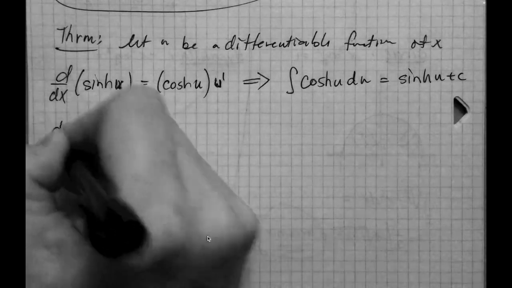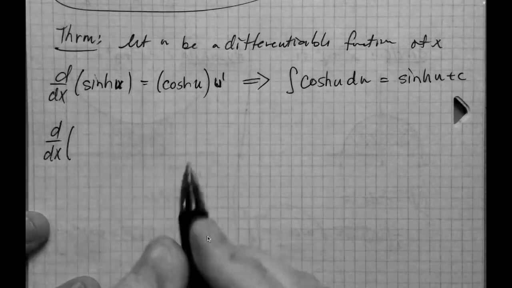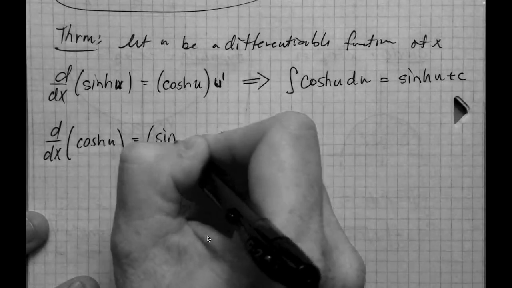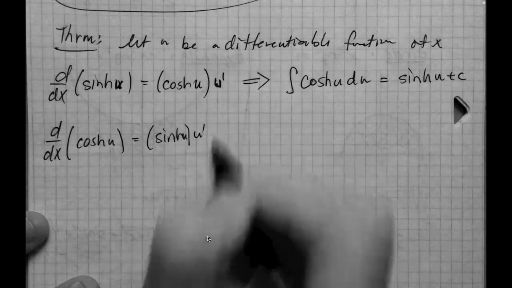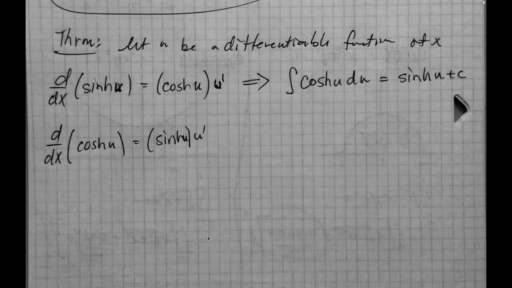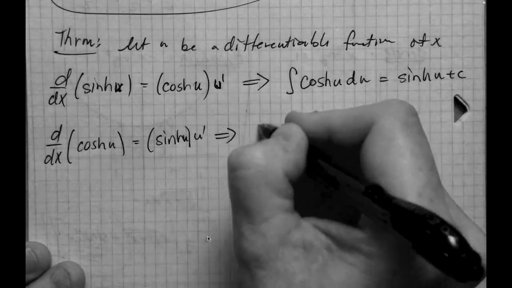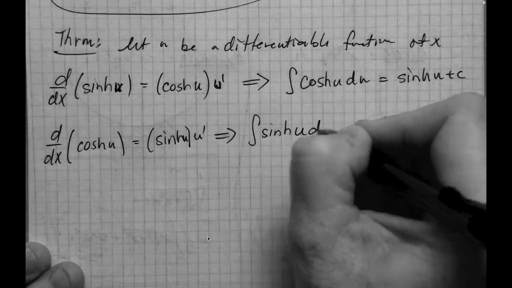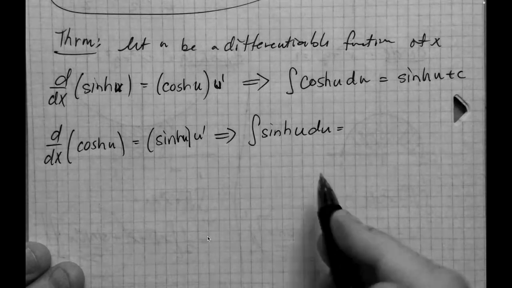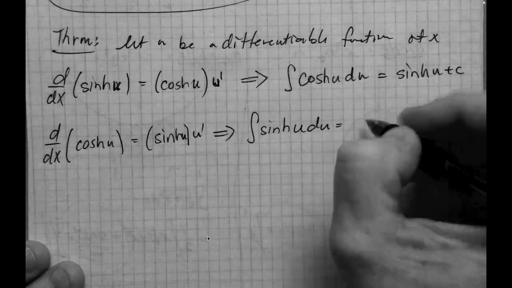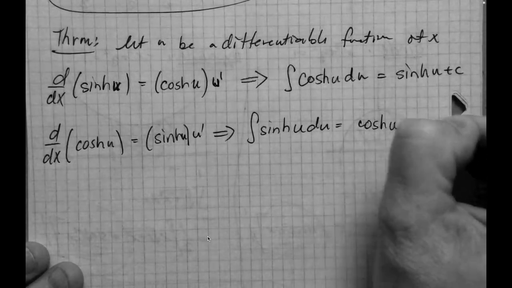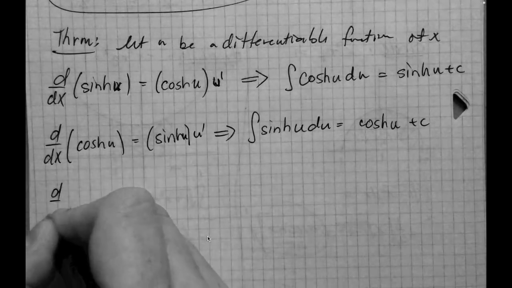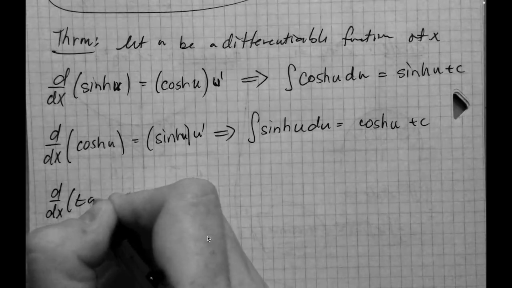And similar down here, the derivative of cosh u is sinh u times u prime. And so the integral of hyperbolic sine of u is going to be hyperbolic cosine of u, otherwise known as cosh u, plus c. And the same is true for the hyperbolic tangent.